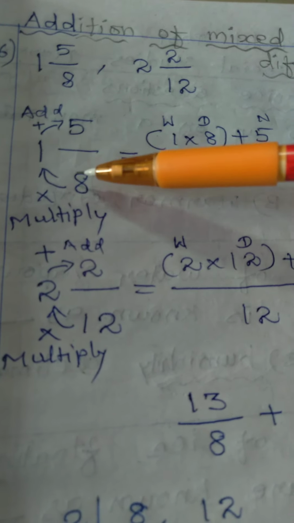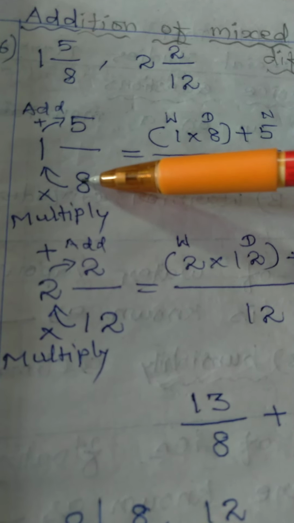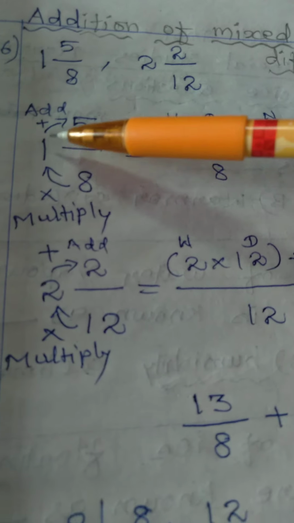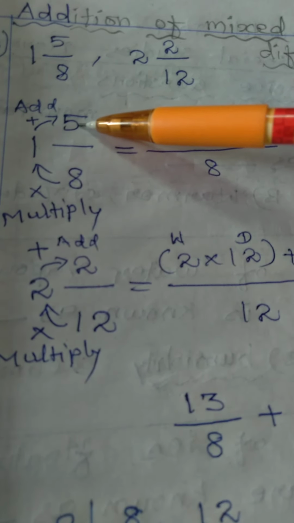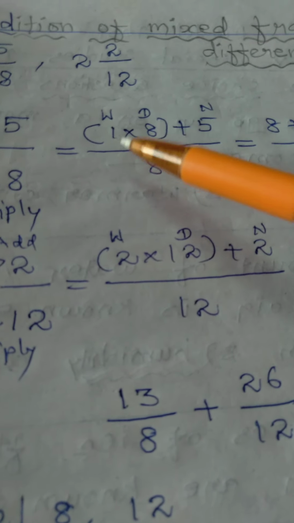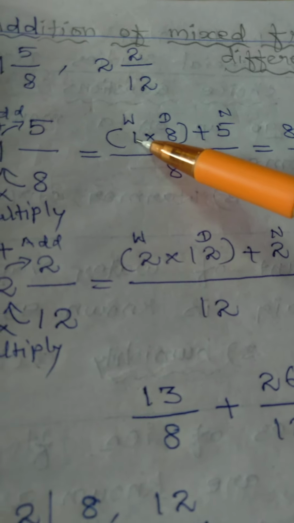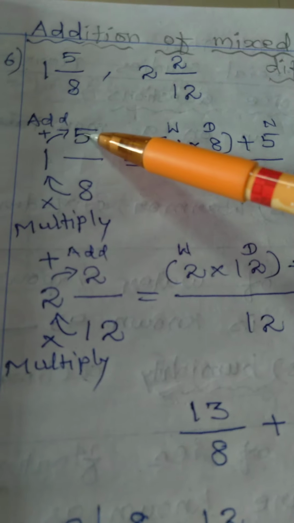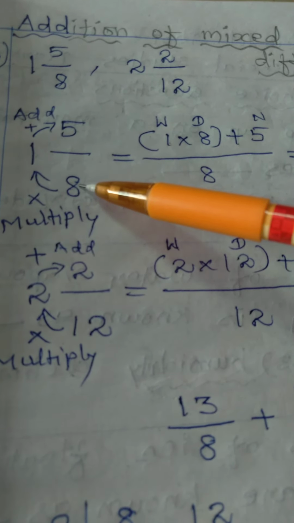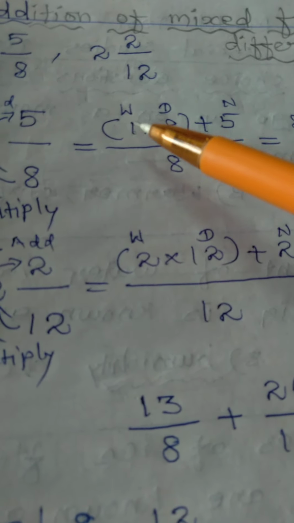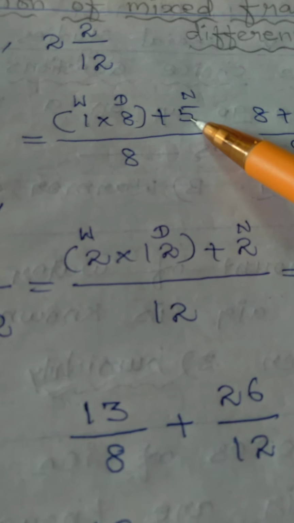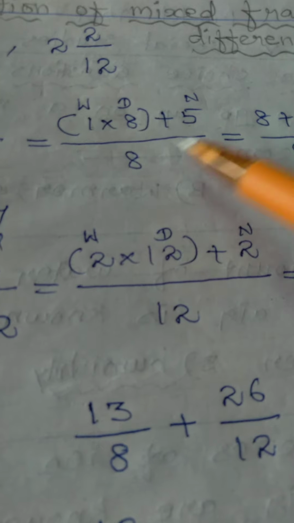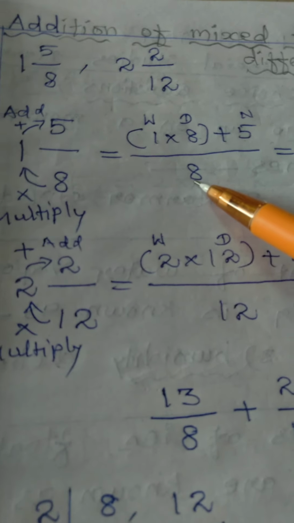First, we multiply the denominator and the whole number, then we add the numerator. So it is 1 into 8 plus 5 by the denominator 8.